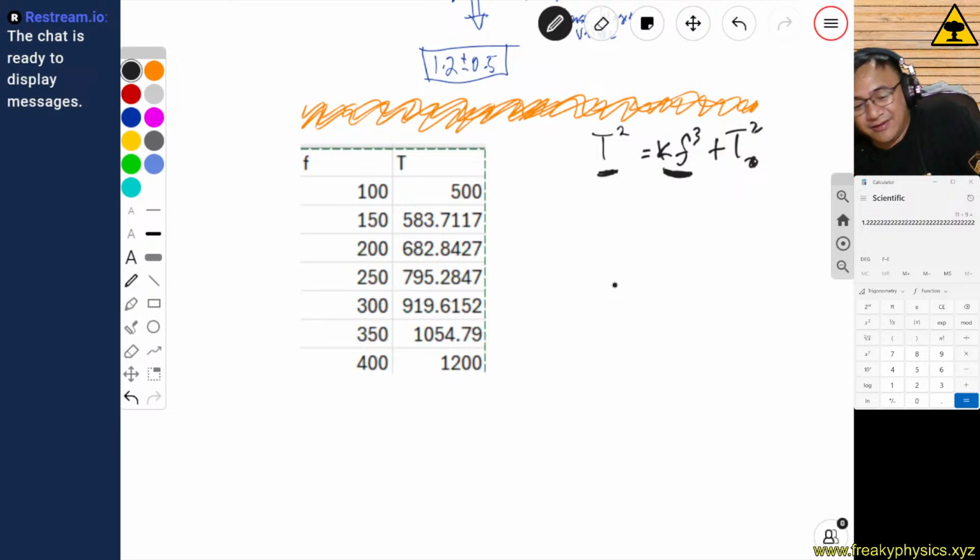Now, if you graph this, I'm going to graph this right away in my spreadsheet. Where's the insert graph here? I think it's here. Where is my favorite graph? Let's use this.